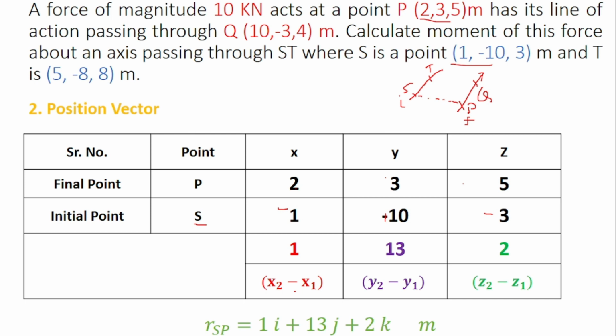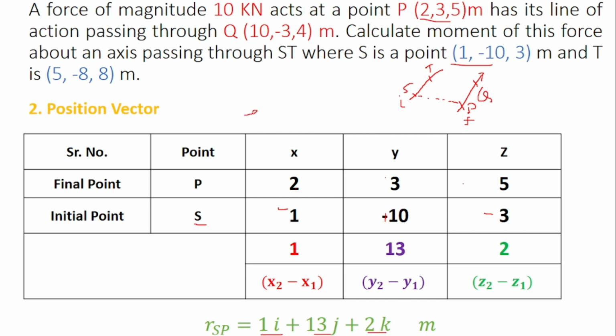So here we get the values of x2 minus x1, y2 minus y1 and z2 minus z1. Just we have to put them here. So x2 minus x1 is 1, so it is 1i. y2 minus y1 is equal to 13, so it is 13j. And z2 minus z1 is equal to 2, so it is 2k.